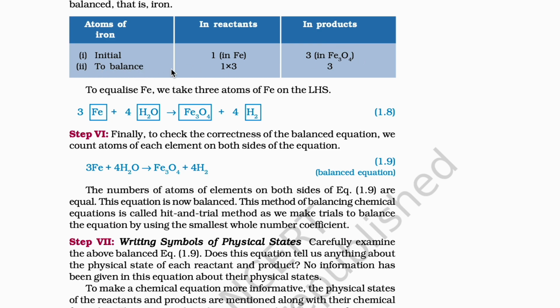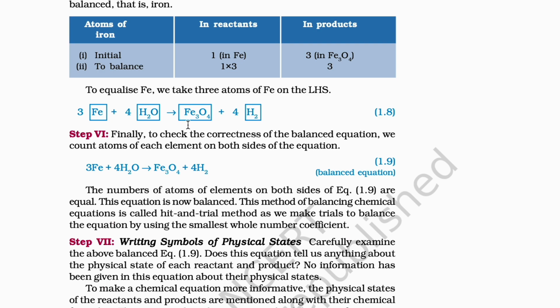To balance, in reactants 1 multiplied by 3, in products 3. To equalize Fe, we take 3 atoms of Fe on the left hand side. 3Fe + 4H2O converts to Fe3O4 + 4H2. Step 6.